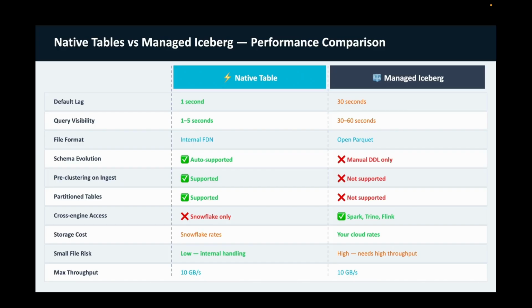All of these features are supported in native tables with high performance. The only caveat is cross-engine access. If it is a native table, you will not be able to access the same native tables from other query engines such as Spark or Trino, so you would need a catalog integration for that.